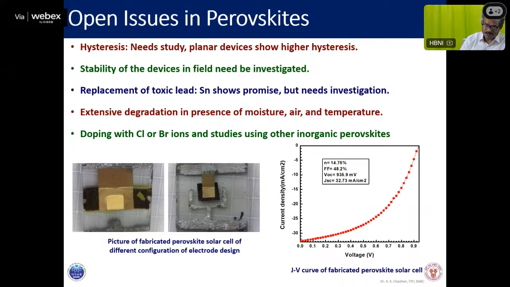These are pictures of perovskite solar cells fabricated in our laboratories. This is the old one, showing 14.75% efficiency. We have reached nearly 19% efficiency in our solar cells.